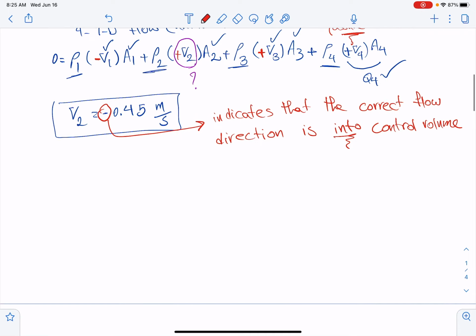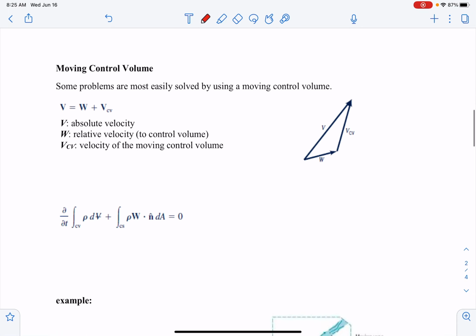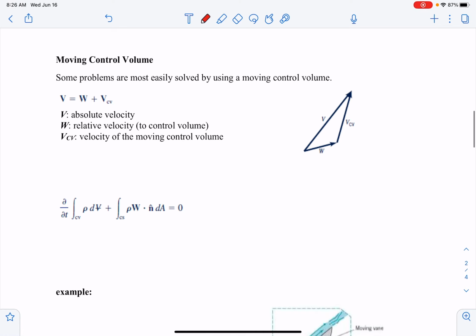So another control volume that we can use is called a moving control volume. Some problems are most easily solved by using this kind of control volume. In this control volume, we are using the definition of relative velocity.